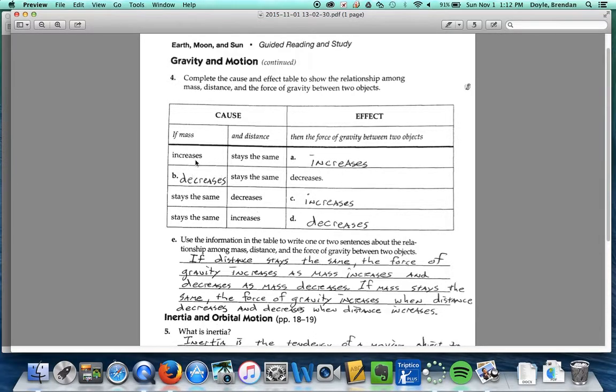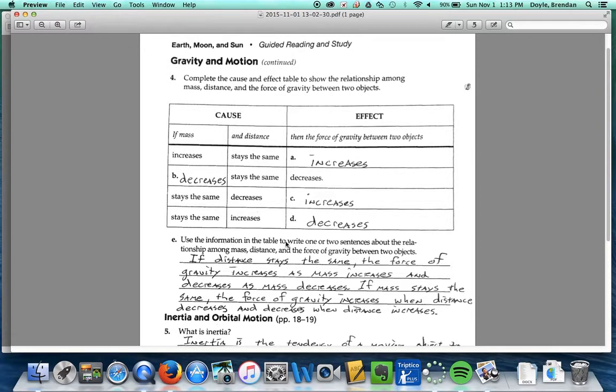If the mass decreases, so the objects get smaller, but the distance stays the same, then the force of gravity decreases. Okay? If the mass stays the same, but the objects get closer, the distance decreases, then gravitational force increases. And if mass stays the same and distance increases, then gravitational force decreases.